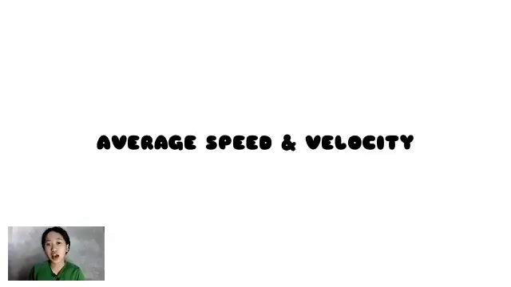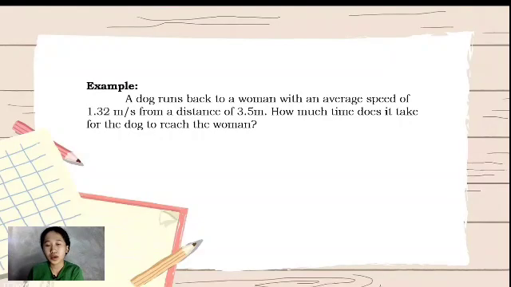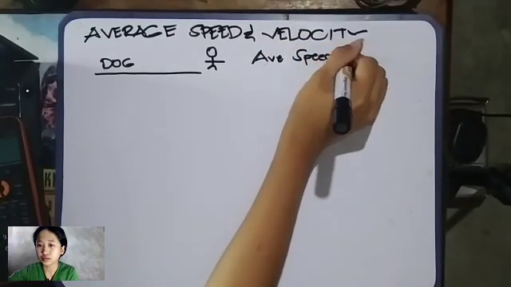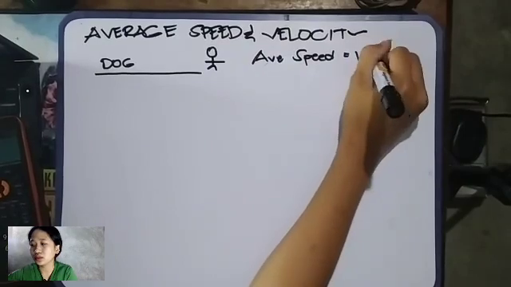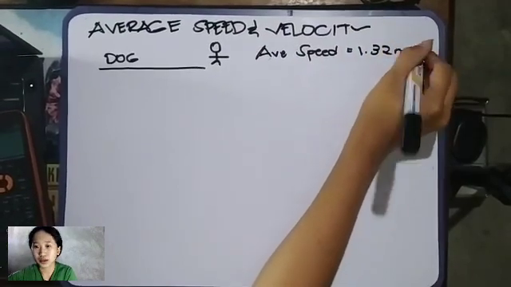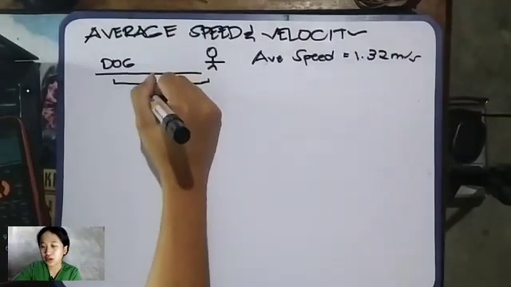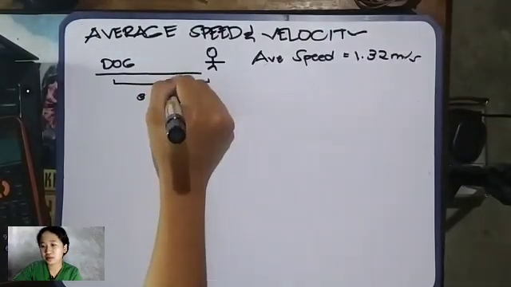So, next is we have average speed and velocity. A dog runs back to a woman with an average speed of 1.32 meter per second from a distance of 3.5 meter.